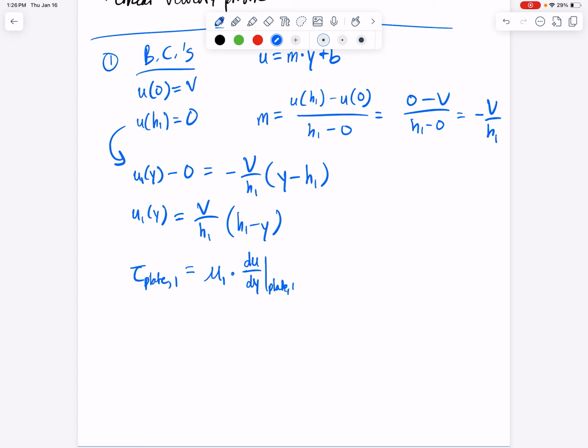So we differentiate the equation up here. h1 is a constant, y is a variable, so that derivative gets us mu times negative v over h1. That's the shear stress for the top surface.